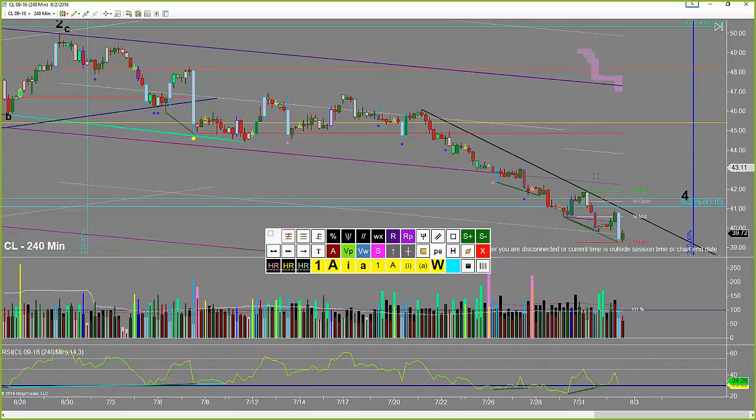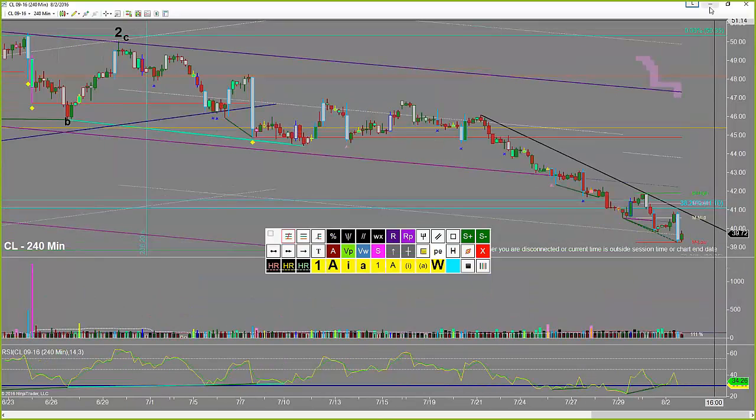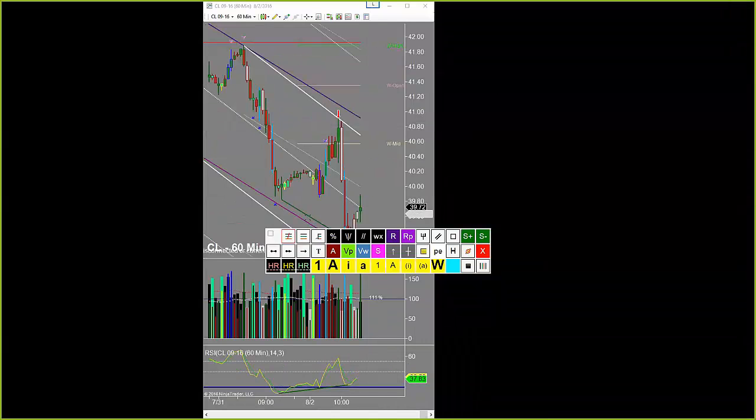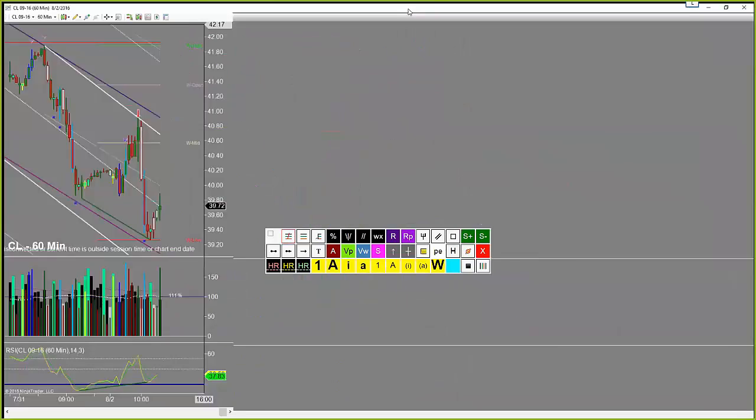It'd be nice to make it all the way back to a trend line, but because it is so weak, that's highly unlikely. So the best we could look for would be an upper median line. And that's what we had line up today on the hourly, which is the main reason for this short.